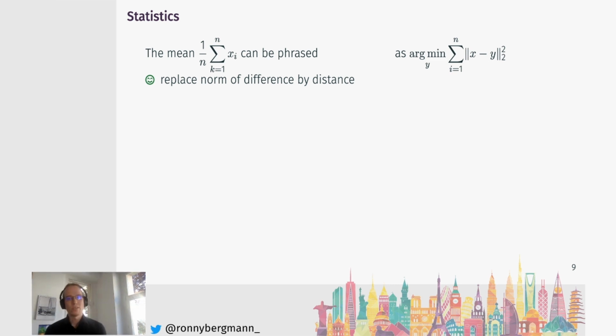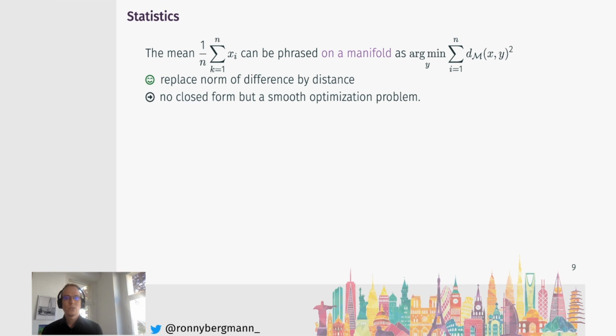So we can rephrase that to use the distance. So on a manifold, that's the minimizer from the points to some y, and we get an optimization problem that's even smooth. There's in general no closed form for this, but if we have a tool to compute this minimizer, we can at least numerically approximate it. And it's called the Riemannian center of mass.